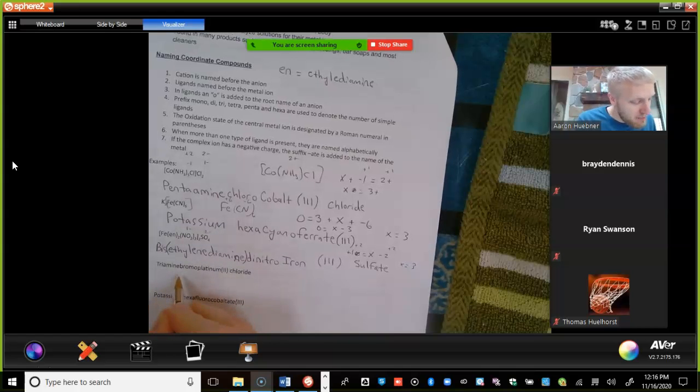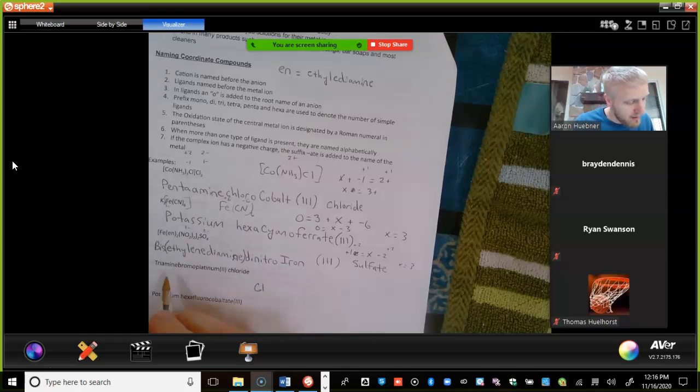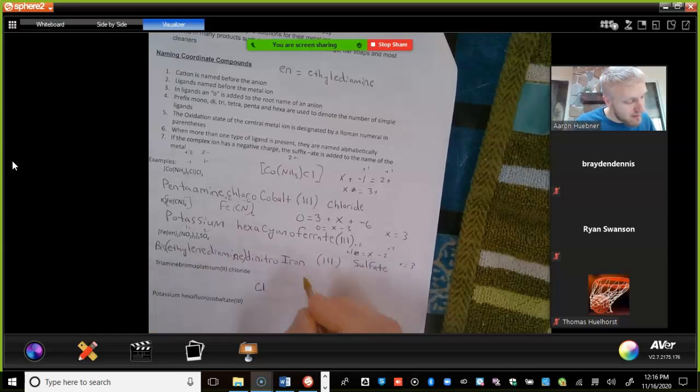Alright, so triamine bromoplatinum 2 chloride. So I know at the end is chlorine. And then my complex ion, let me just do a rough draft over here just in case I make a mistake. We got 3 amines, that's NH3 is an amine, and there's 3 of them. They're neutral.